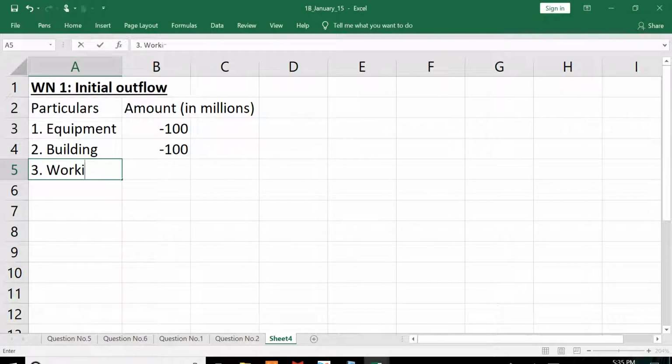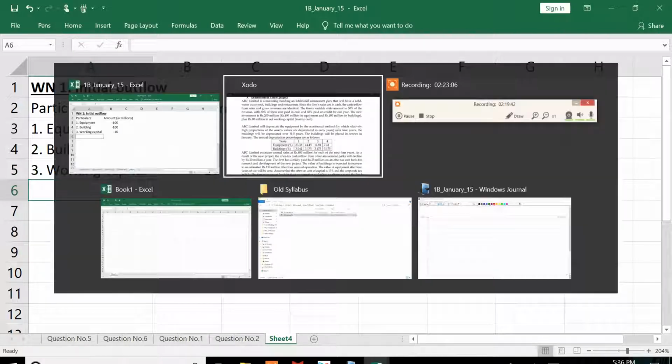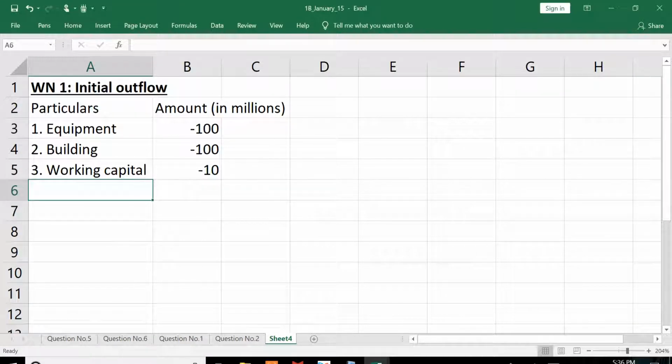Working capital, let it be cash, that is also money blocked only. Even having cash is money blocked because that is dedicated for that project. How much is the working capital? 10 million. Equipment 100 million, building 100 million, working capital 10 million.